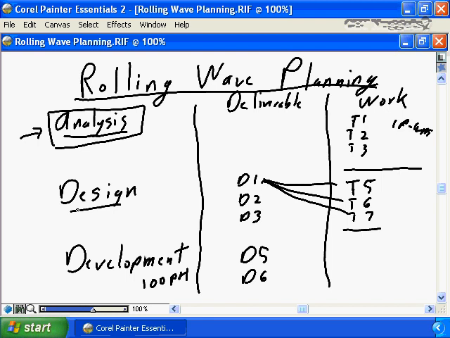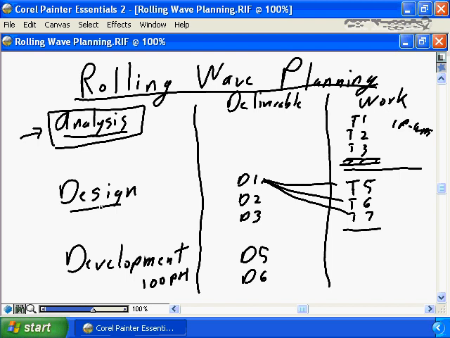And if you don't know what design details are going to be, you certainly do not have enough information to define at any level of granularity, even to the deliverable level, what the final products of development are going to be. So with rolling wave, you can focus on ensuring you have the proper WBS elements, the proper activity elements defined to ensure that analysis is successfully completed. Then based on that, you can start to develop further detailed estimates for design and so on.